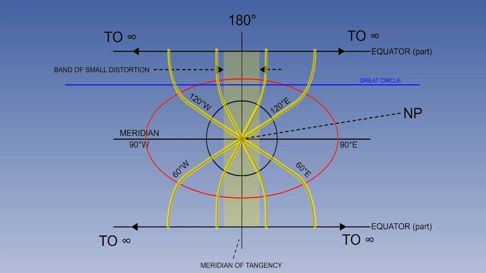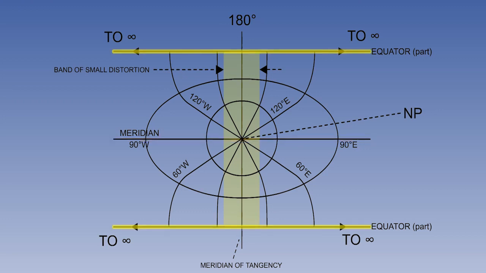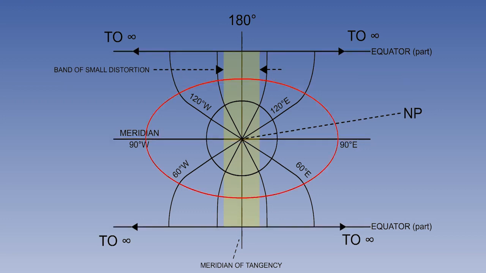So, great circles are complex curves, except for the datum meridian, the meridian perpendicular to it, the equator, and great circles perpendicular to the datum meridian.